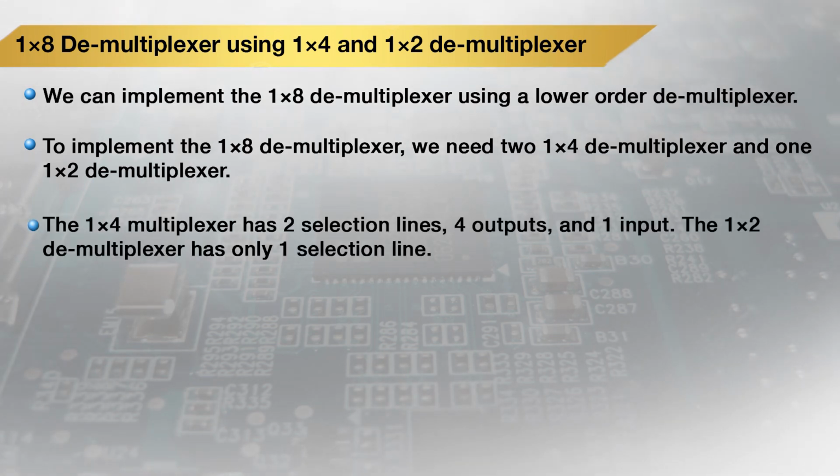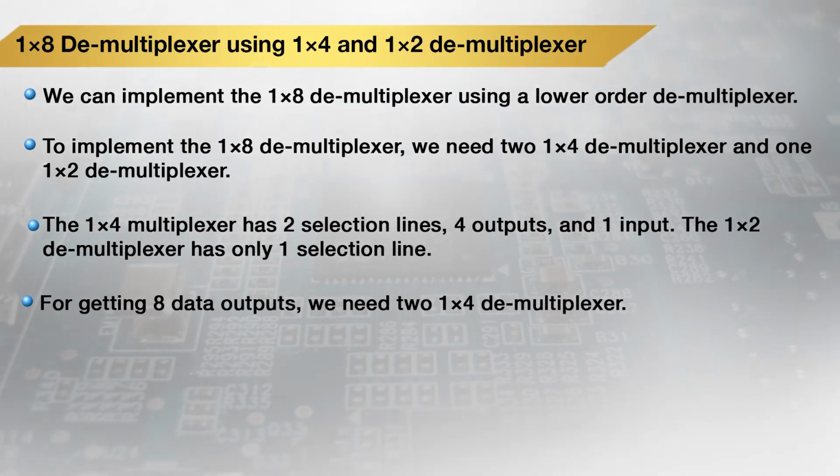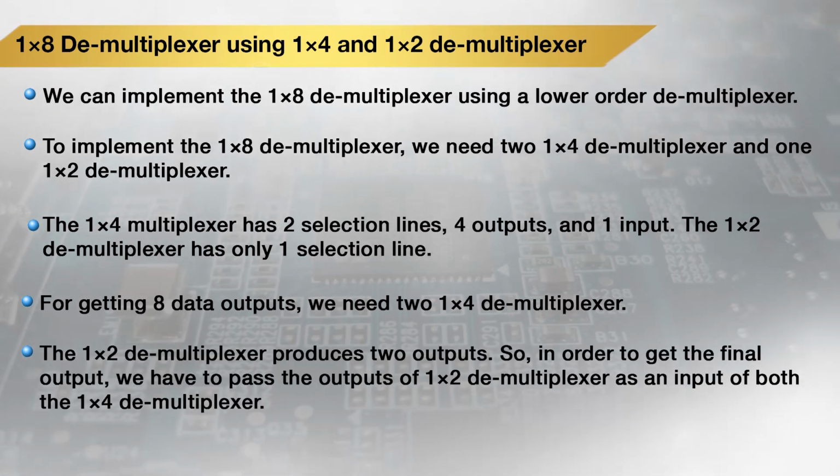A 1x4 demultiplexer has two selection lines and four outputs along with one input, while a 1x2 demultiplexer has only one selection line, one input and two outputs.